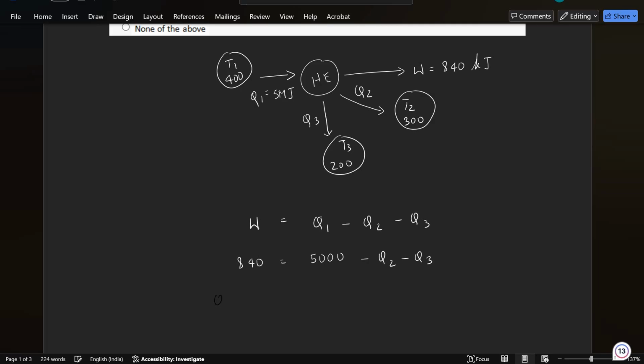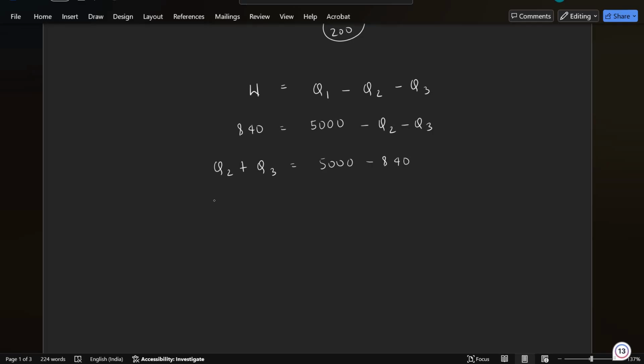So then we can get one equation like this: 5000 minus 840, which is basically Q2 plus Q3, is equal to 4160. So this is, let's say, equation 1. So we have one equation, but we have two unknown variables, so we need one more equation, right?